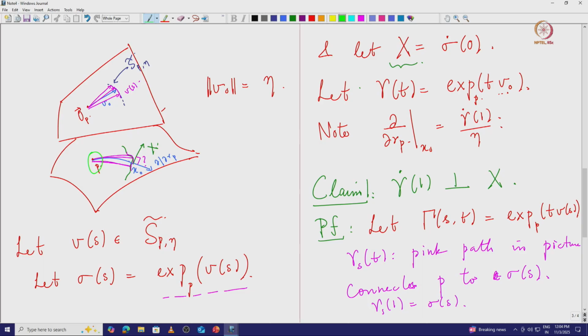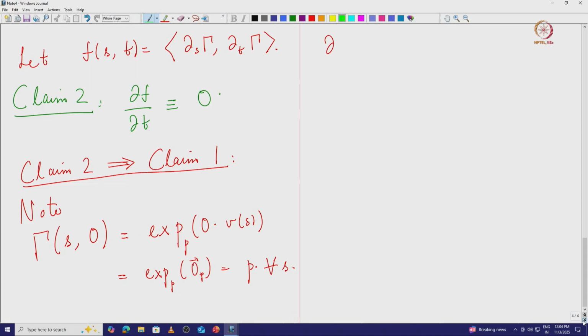So that means the variation vector field will actually vanish at that point. So that means that if you compute the variation vector field and plug in t equals 0, then that is going to be 0, which means that if you calculate f of 0 comma 0, that is going to be 0. Okay. Now let us try to calculate f of 0 comma 1. Okay.